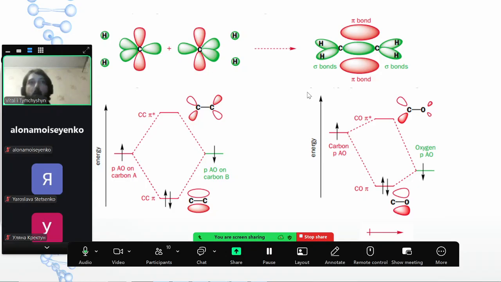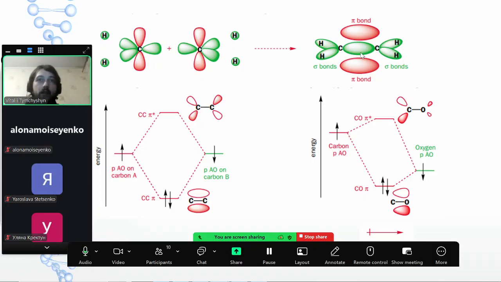One more reminder: once again we are getting to combining all these orbitals, and we may have so-called sigma bonds and pi bonds. I'm just reminding you of whatever we have learned already. So here you see a double bond between two carbon atoms. One bond is a sigma bond, so here it is.